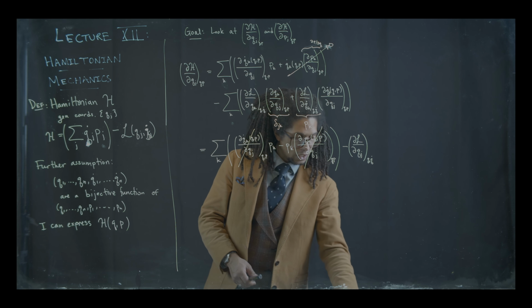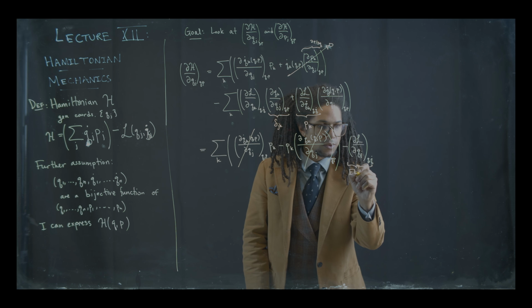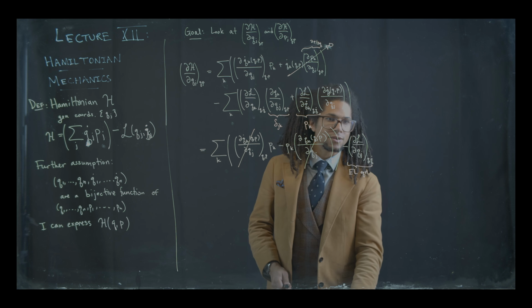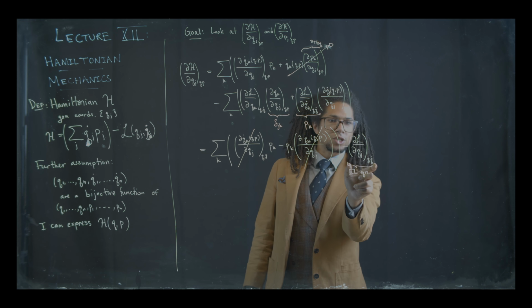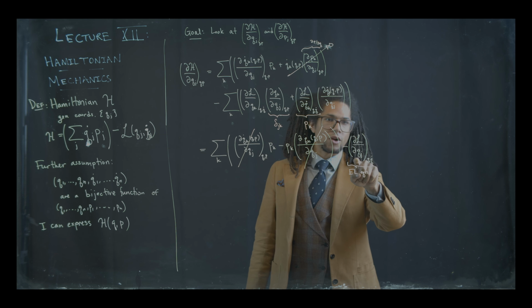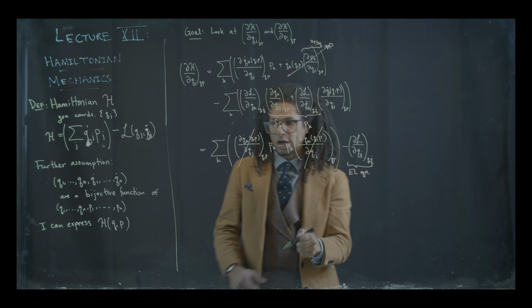Now what I want to do is use the Euler-Lagrange equation on this term. And why is that? Well, the Euler-Lagrange equation is going to tell me that this is actually related to the time derivative of the other part of the Lagrangian, I should say the derivative of the Lagrangian with respect to the time derivative of qj.